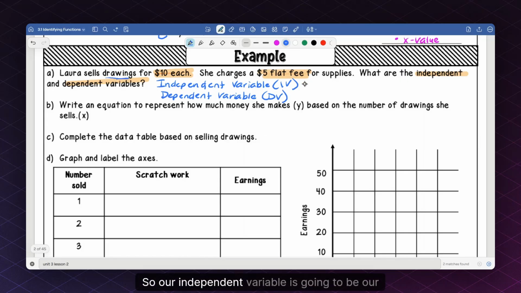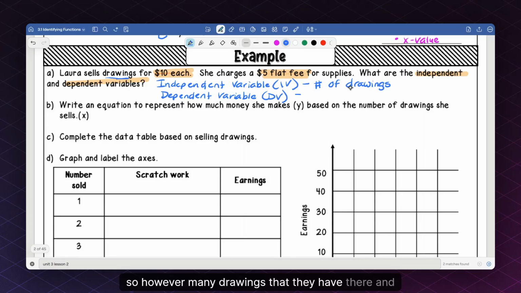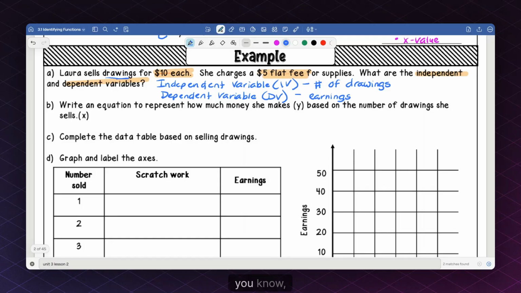So our independent variable is going to be our number of drawings. Okay? If they want to make more money, they've got to make more drawings. It's that simple. And so, however many drawings that they have there and available to sell, that will determine their earnings. So, their earnings is their dependent variable. They can't earn more than what they have there to sell at this event or wherever they are. So that's why that is the dependent variable.